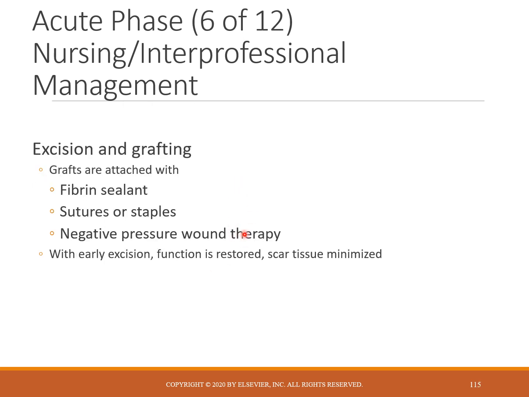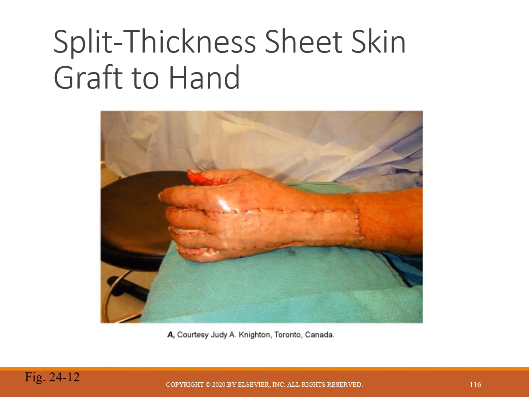Okay, so this is just showing you that the grafts might be attached with fibrin sealant, sutures, staples. It depends. This is to show you the split thickness sheet skin graft to hand. So this is what it looks like, guys.